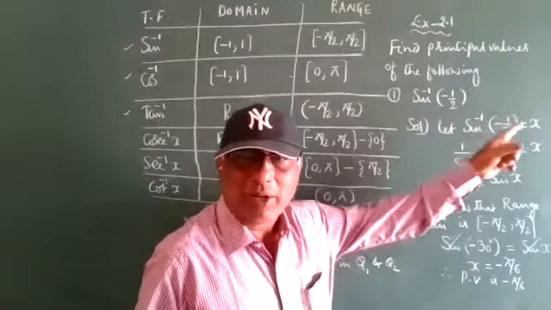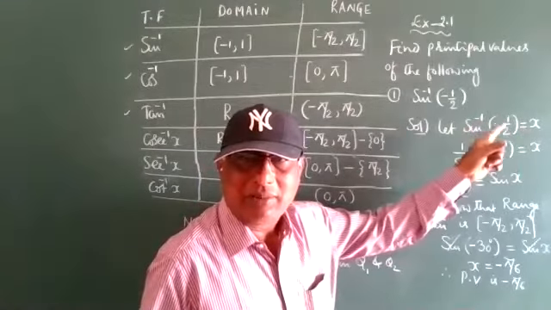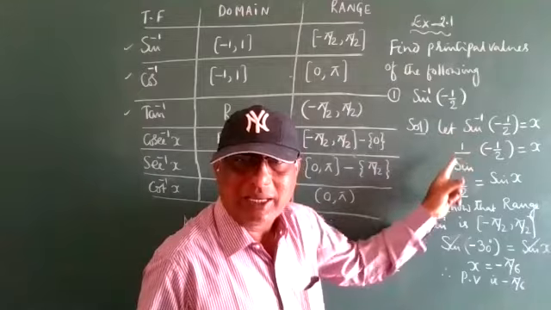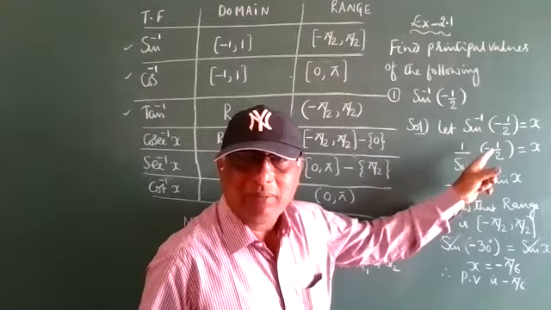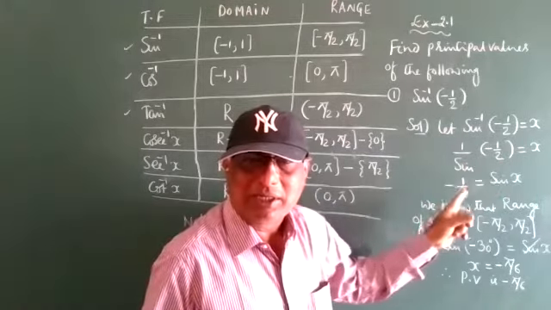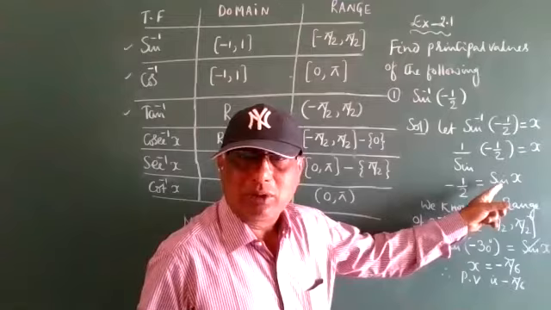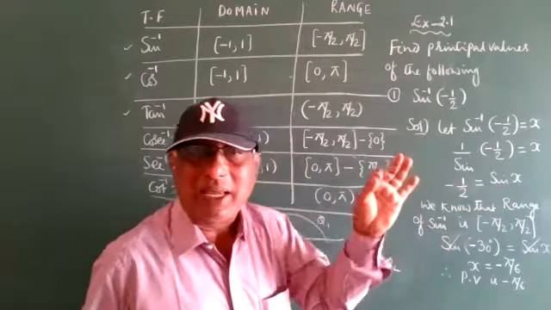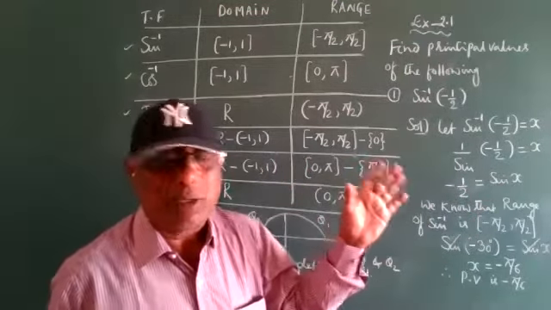Let the principal value be x, sine inverse of minus 1 by 2. Sine inverse means 1 by sine, so minus 1 by 2 is equal to sine x. Sine of minus 30 degrees is minus 1 by 2.